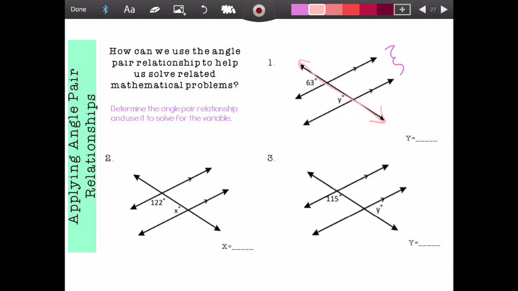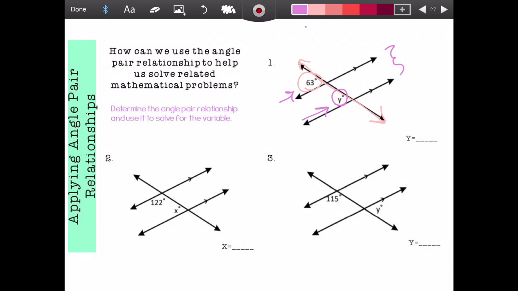Now, it gives us the angle measure of this one, and it wants us to find y. So the first thing we need to do is identify the angle pair that's being represented. They are on the same side of the transversal, but one angle is on the exterior and one angle is on the interior.